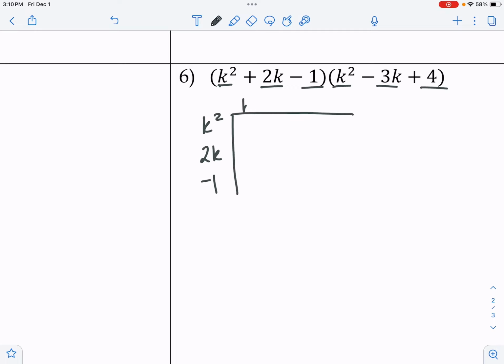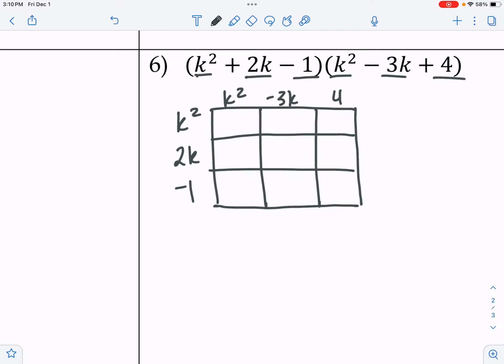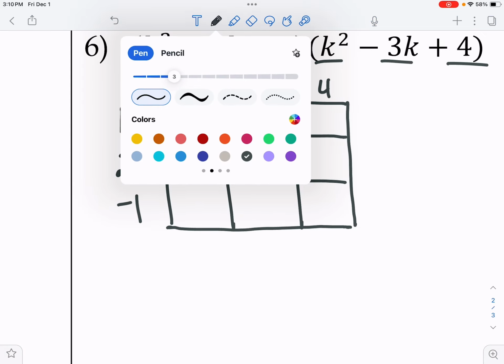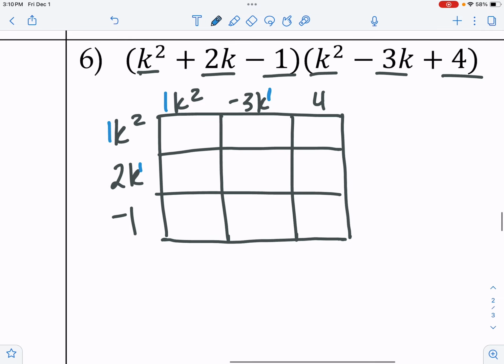And we have k squared, negative 3k, and 4. Filling in my invisible ones so I can see what I'm multiplying and adding.